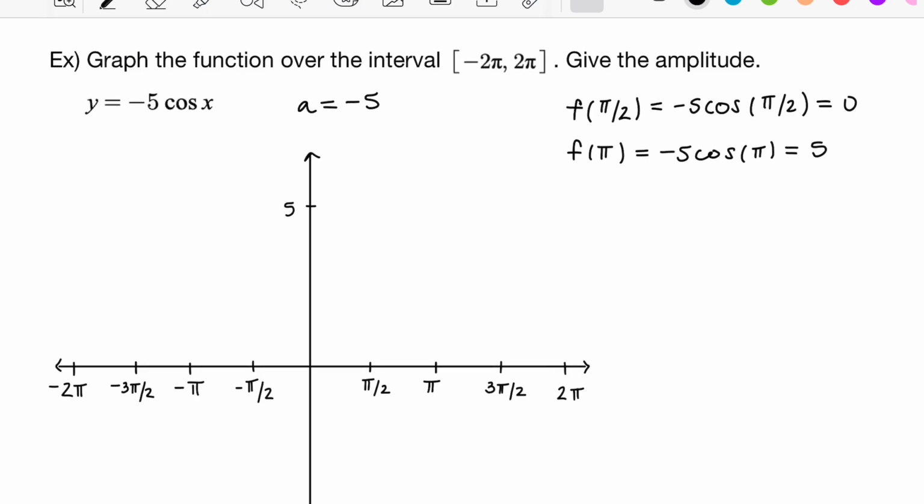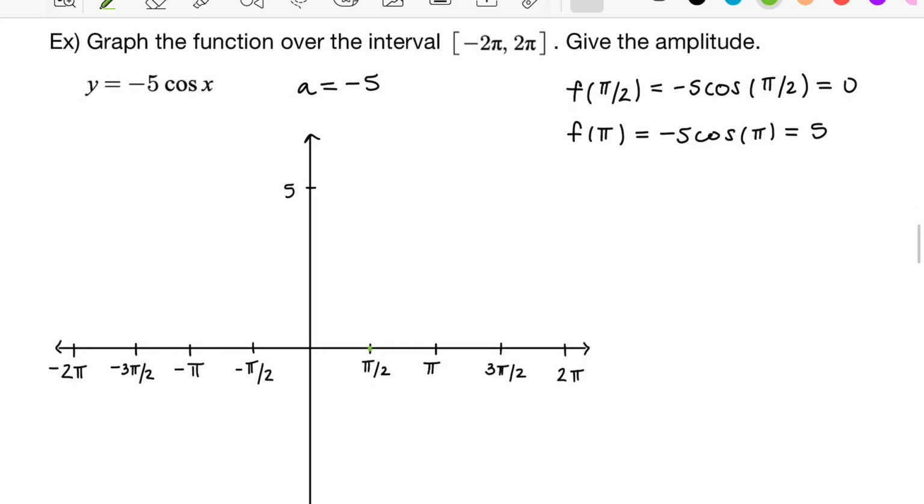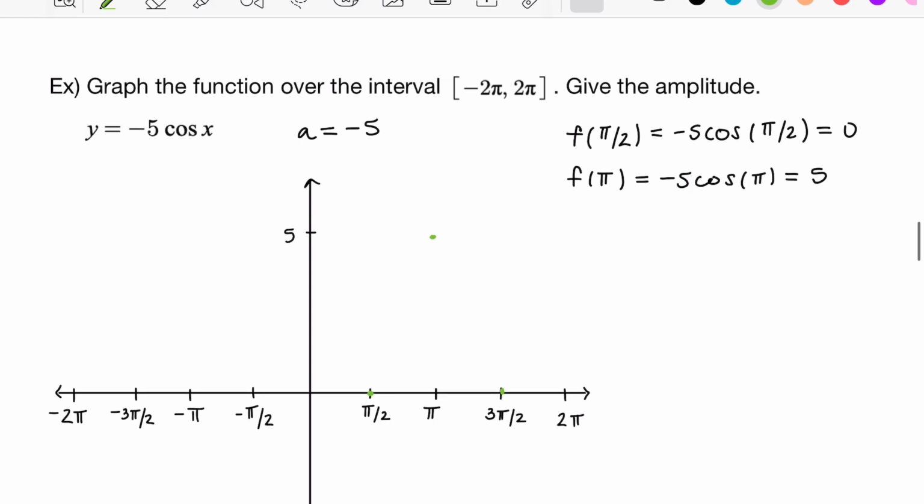Repeating this process, we can plot our points here. So we saw that at pi over 2, we got 0. At pi, we got positive 5. At 3 pi over 2, we'll get 0. And then plugging in 2 pi, we'll get minus 5.